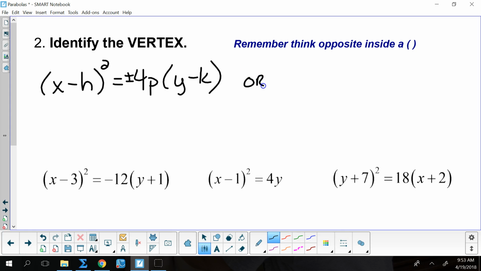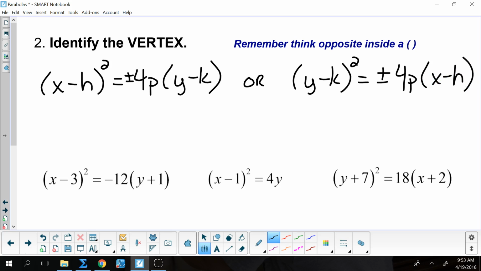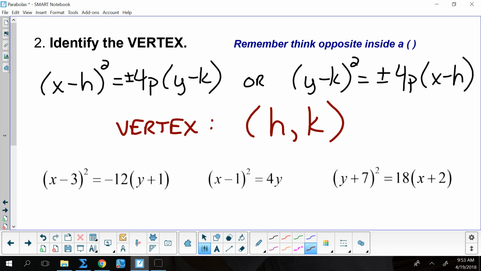Or, for left and right ones, it's y minus k, quantity squared, equals plus or minus 4p times x minus h. For either one of those two forms, the vertex is at the point h, comma, k.